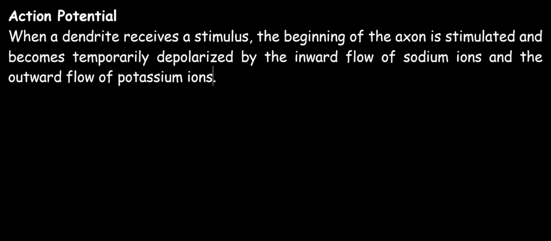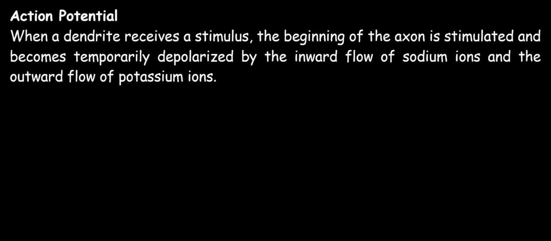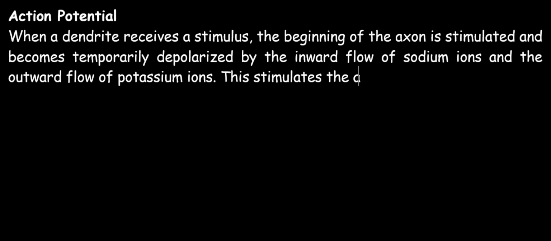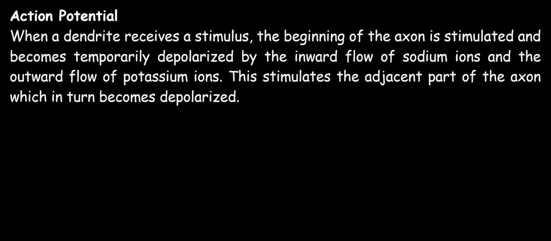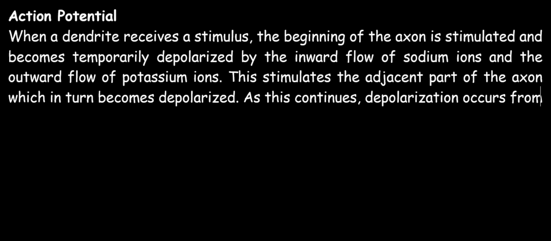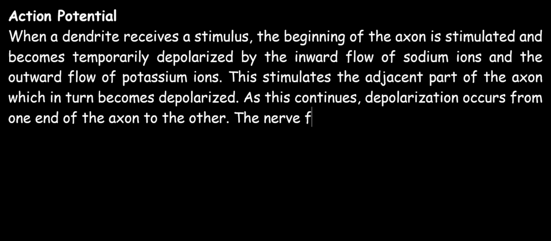This is going to cause stimulation of the adjacent part of the axon, which in turn becomes depolarized. As this continues, depolarization occurs from one end of the axon to the other, and the nerve fiber is said to be at an action potential.